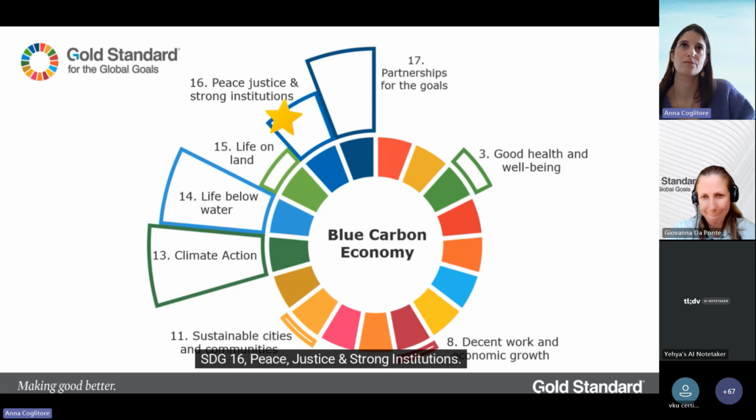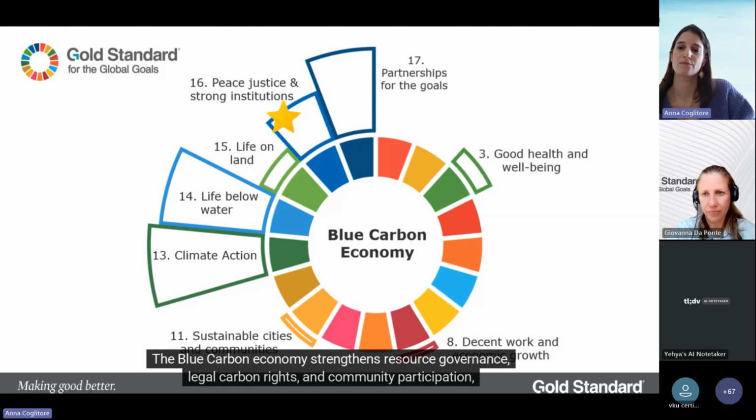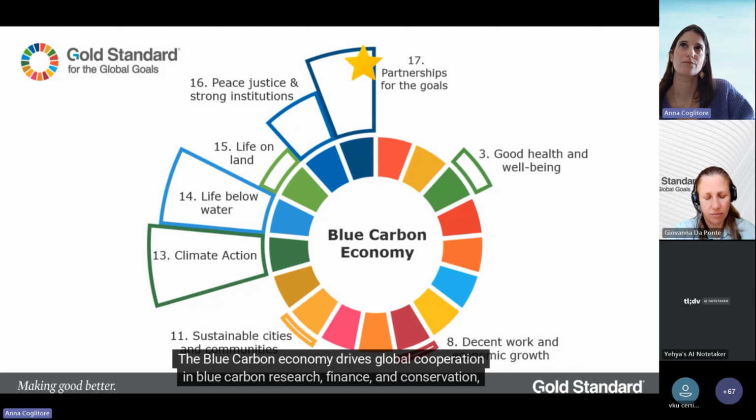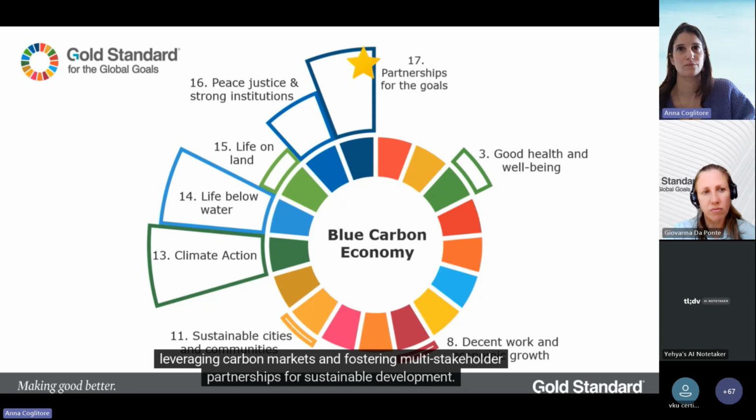SDG 16, Peace, Justice, and Strong Institutions. The blue carbon economy strengthens resource governance, legal carbon rights, and community participation, reducing climate-related conflicts in vulnerable coastal regions. SDG 17, Partnerships for the Goals. The blue carbon economy drives global cooperation in blue carbon research, finance, and conservation, leveraging carbon markets and fostering multi-stakeholder partnerships for sustainable development.